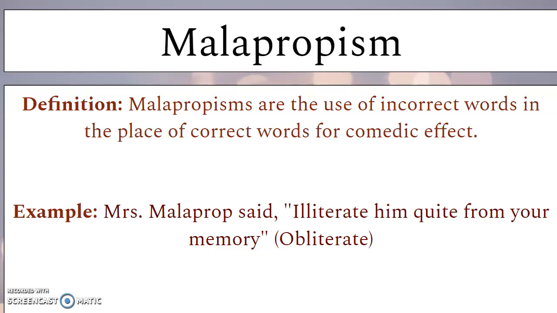So the example that I have is Mrs. Malaprop said, illiterate him quite from your memory. Illiterate, that is not the right use of that word. She means obliterate, which is similar in terms of spelling, but very different in terms of what they actually mean. So again, these can be kind of hard to distinguish because you have to know the definition of that word.